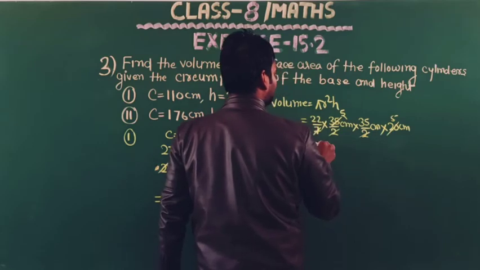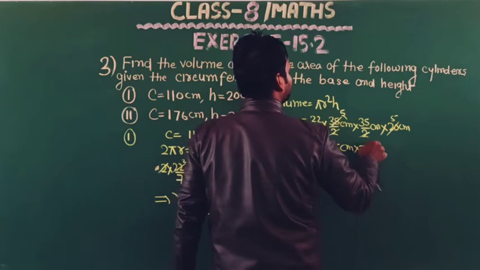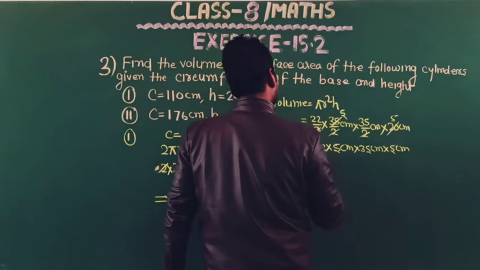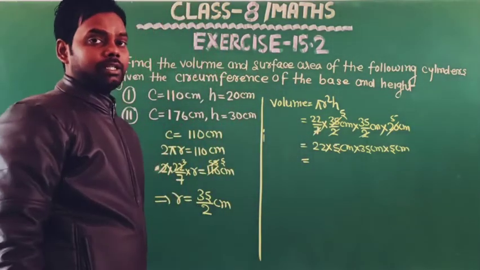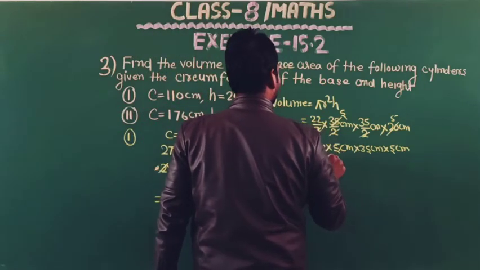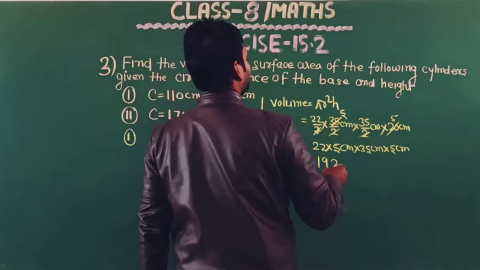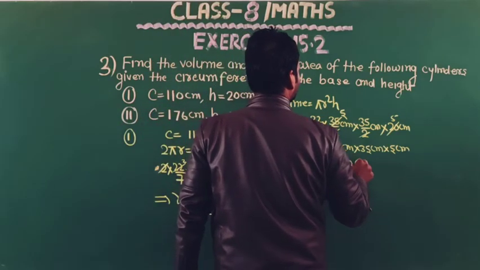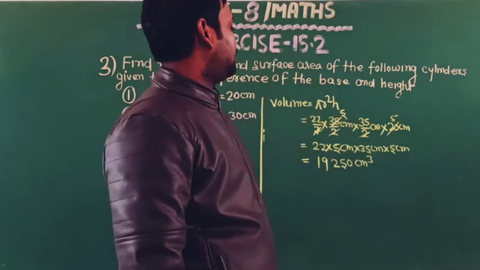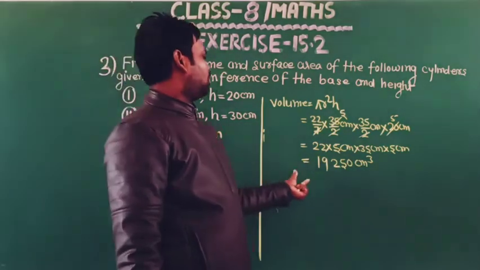Now multiply 22 into 5 centimeter into 35 centimeter into 5 centimeter. After multiplication the total value of this expression is 19250 centimeter cube, the volume of the cylinder.